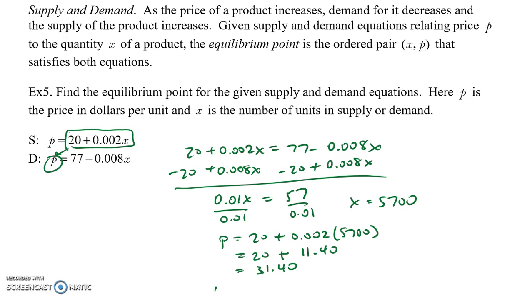Okay, so your equilibrium point would be 5,700 for x and 31.40 for p.